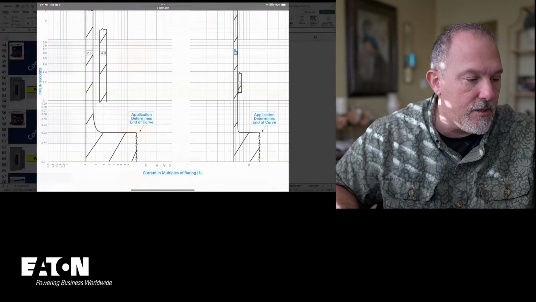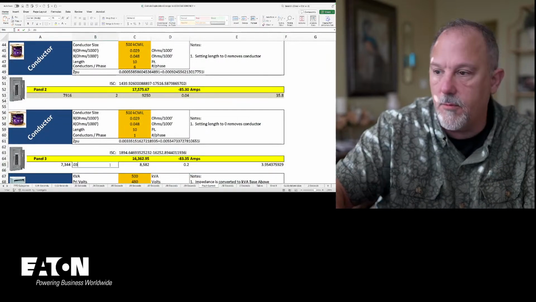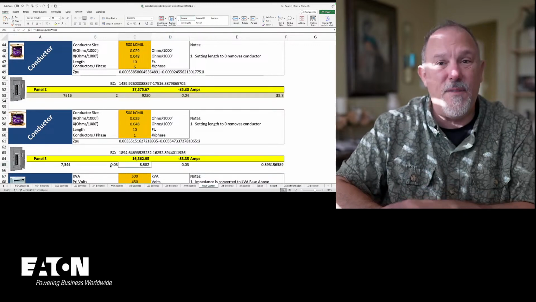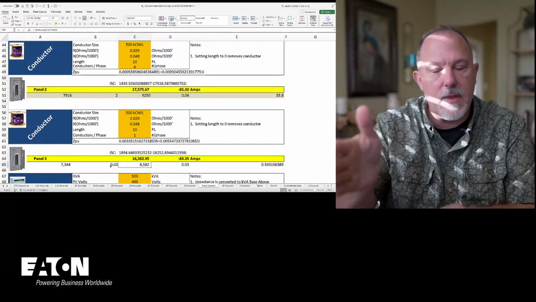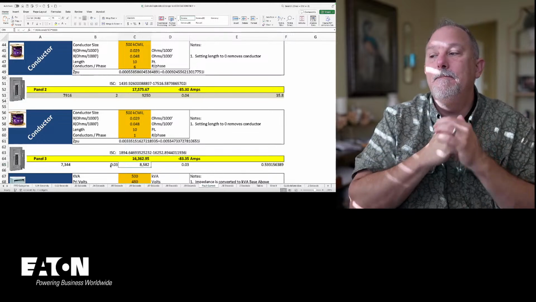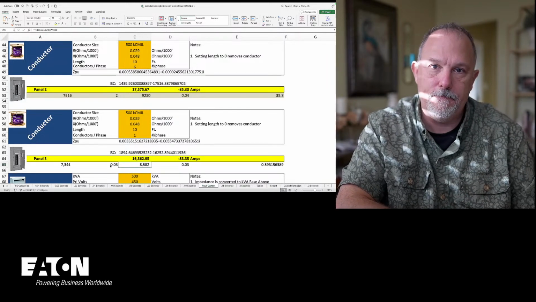So let's go back and make this 0.03. Now I'm at 0.59. So if I put maintenance mode on that 2,000 amp breaker in a main lug only panel board, I can get my energy down to less than a calorie.